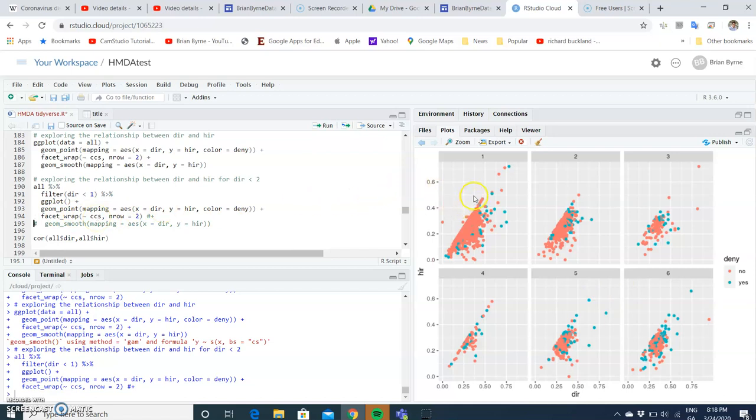Again, we seem to have a sea of red if we're less than perhaps 0.5 here, or 0.4 in the credit score of 1. Likewise for credit score 2, but then when we get to credit scores 3, 4, 5, there's a more uniform distribution of blue and red.